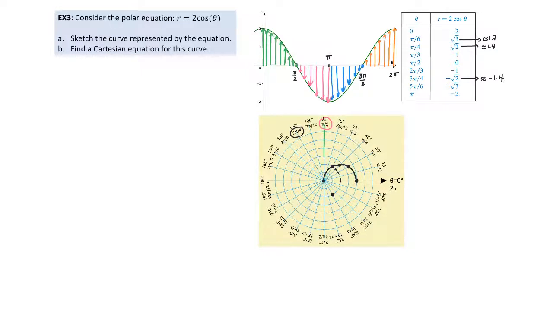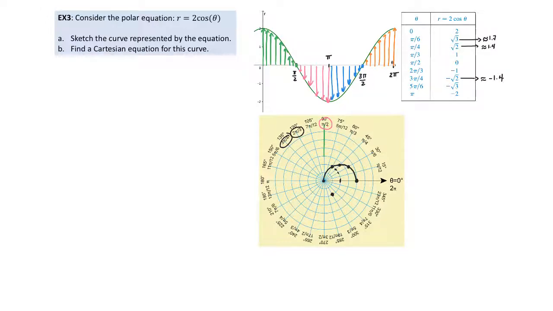Then continuing on to 3 pi over 4. If we do 3 pi over 4, that means that r is going to be approximately negative 1.4. So here is 3 pi over 4. If r was positive, we would be in this part, but because r is negative, we're going directly across.